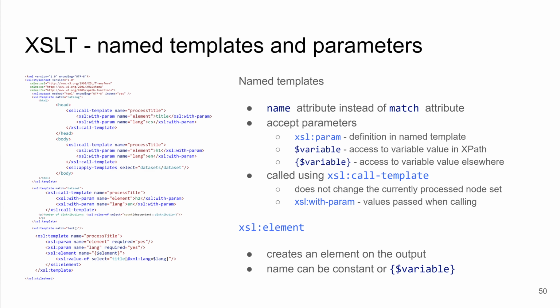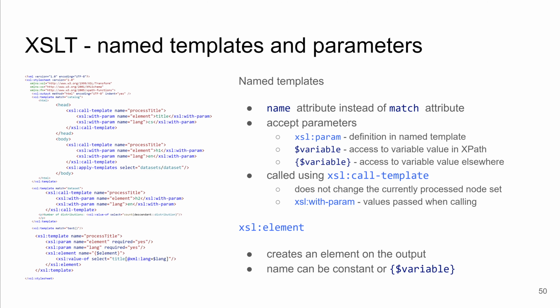Then for the second time we will call this template in the body element, and here we will specify that the output should be the H1 element and the language should be in English. And then again we'll call this template from within the dataset template, where we'll specify that the output title should be H2 and in English. So like this, you may call a named template.